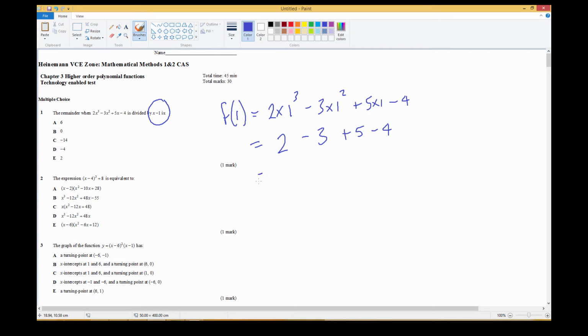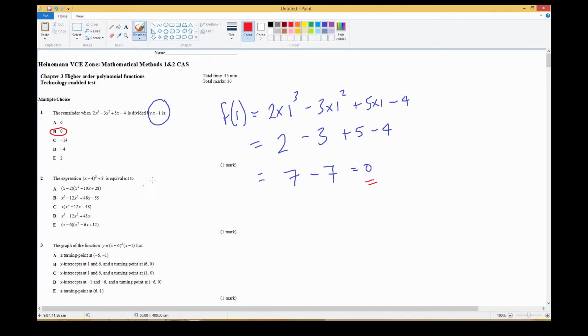So when you add it together, 2 and 5, we add the positives first, you get 7, and the negatives, negative 3, negative 4, you get minus 7 as well, and so you get 0. So the answer is, in this case, it is actually a factor, and the answer is B. Right, that's the answer. All we did here was substitute the value of 1 into the function.